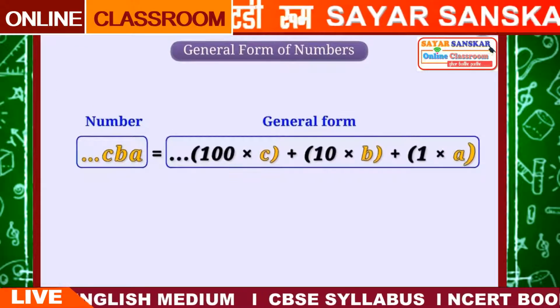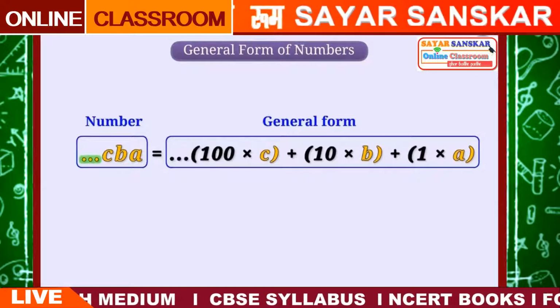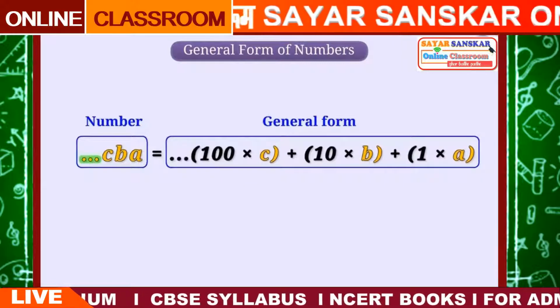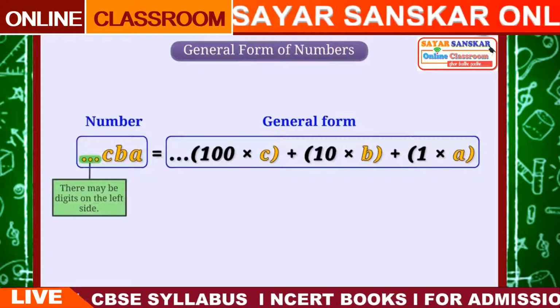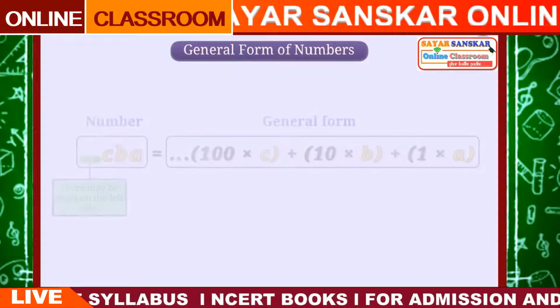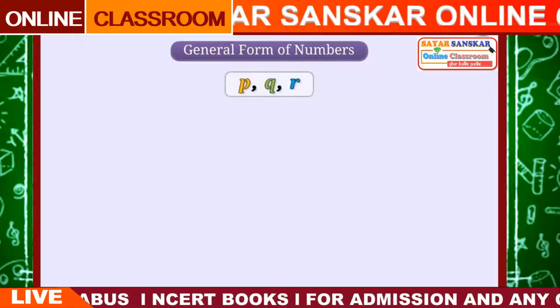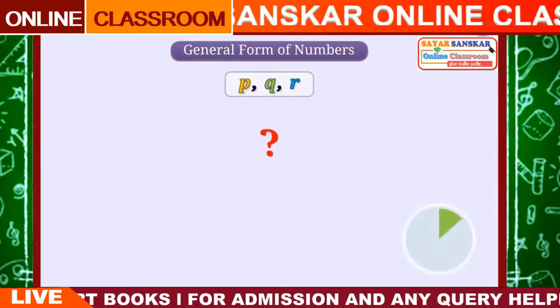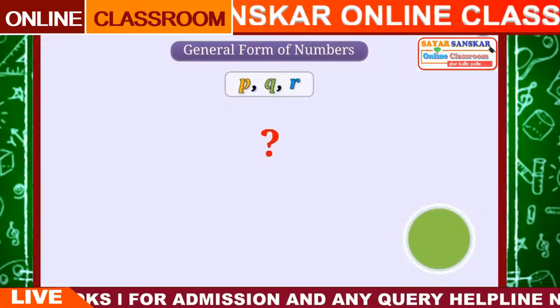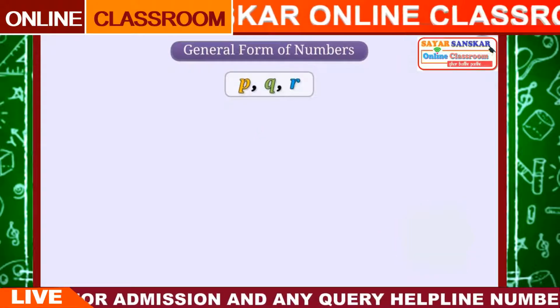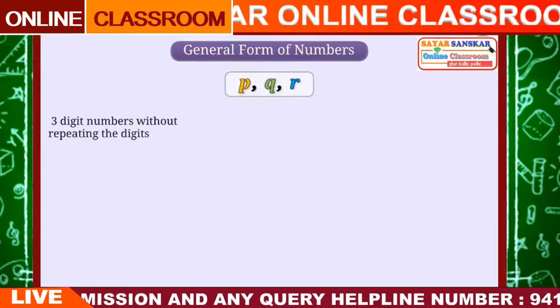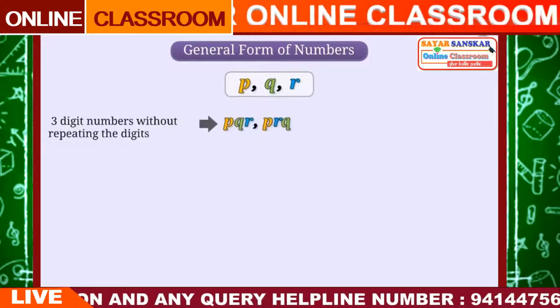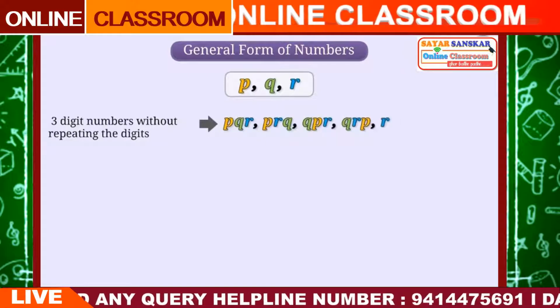Now look at these digits. Can you make a number from these digits? Think for a while. We can make 3-digit numbers using these digits without repeating them. Suppose these digits p, r and q are such that p is greater than r and r is greater than q. Then what will be the largest number?